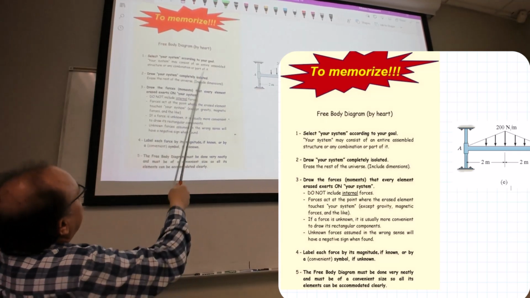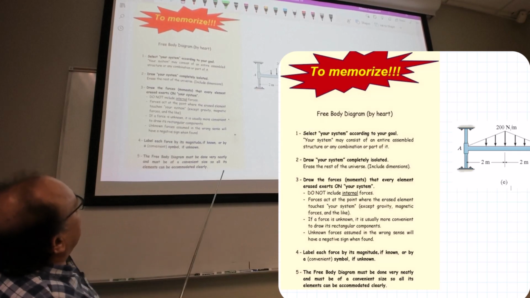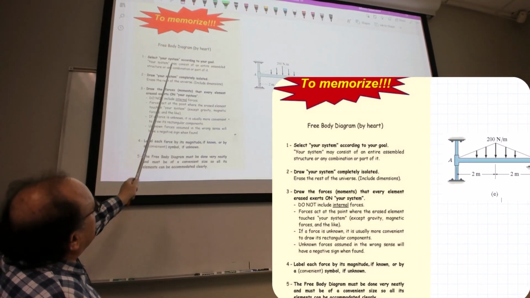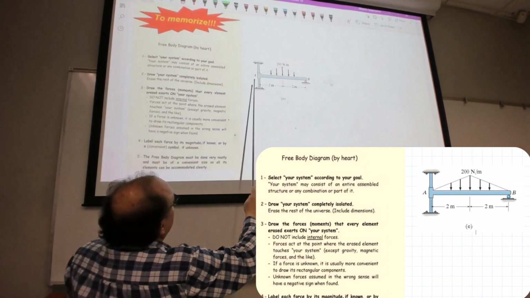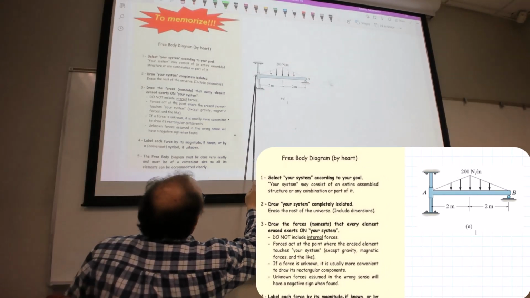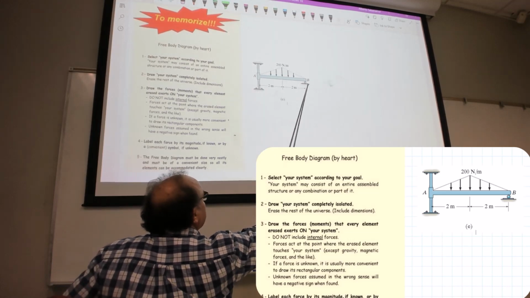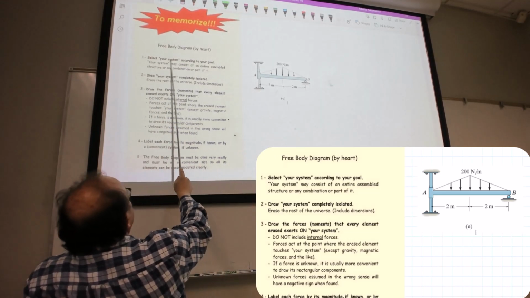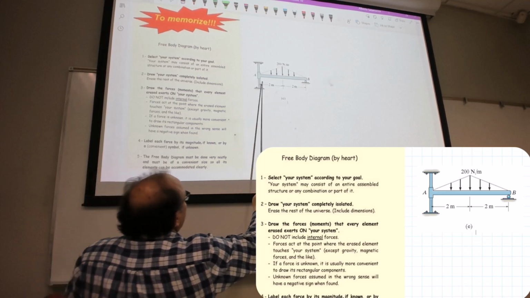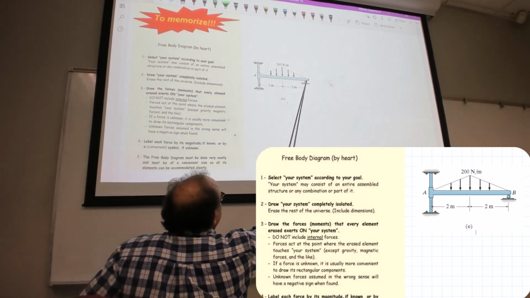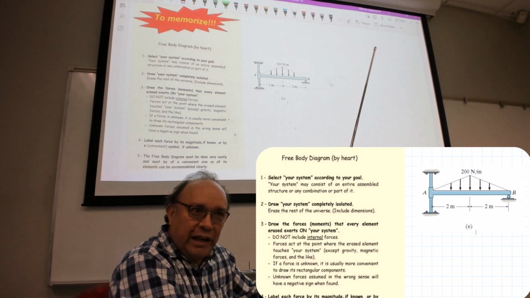And you will recognize that we did this with particles. Look, first step, select your system. So if you need to find, in this problem, the reactions at points A and B, you need to find the forces here and the forces here. So you need to select your system in such a way that the forces here and the forces here show up in your diagram, right?